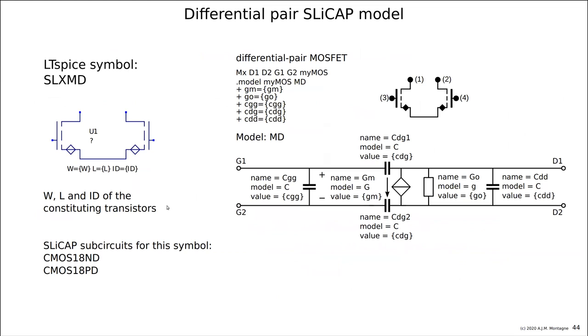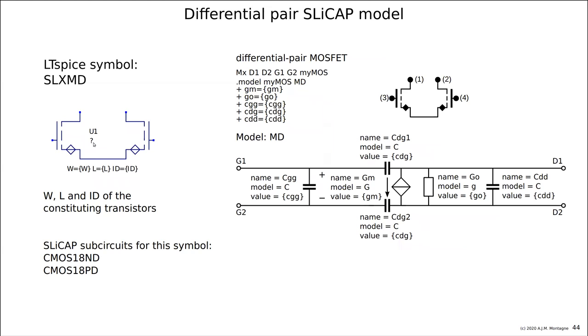So there's a SLICAP model for the differential pair. And the symbol in LTSpice is X for subcircuit, MD for MOSFET differential. So this is the symbol. And the parameters that you can give to this thing are the width, the length, and the drain current of the constituting transistors. So not of the total differential pair, but of the constituting transistors. That's what you do.